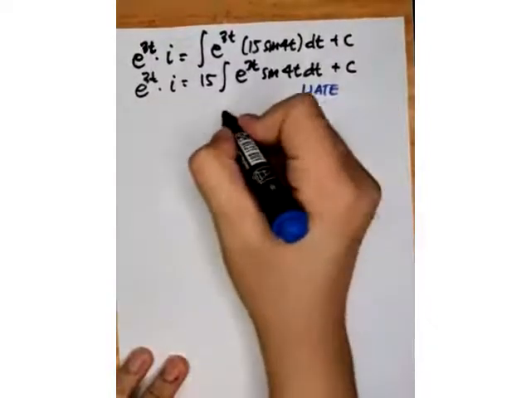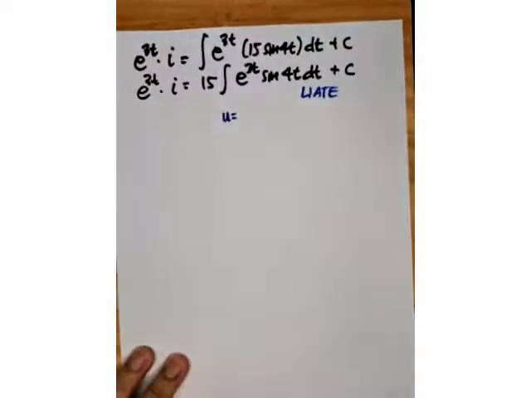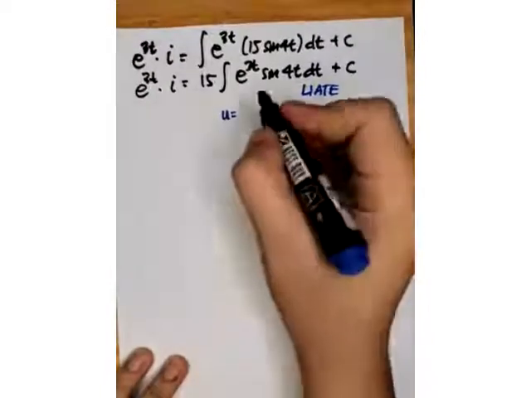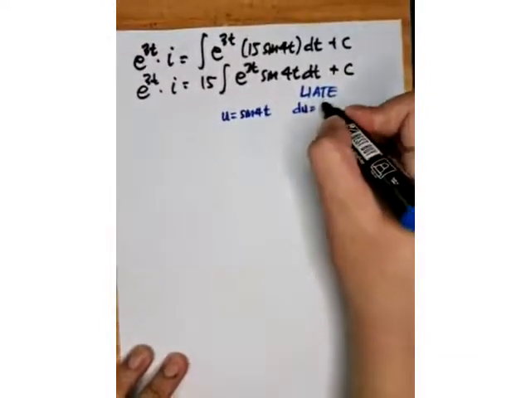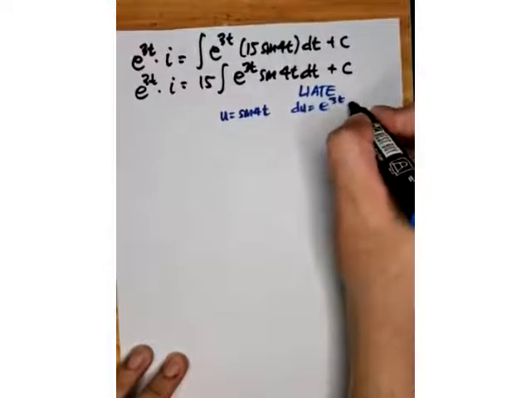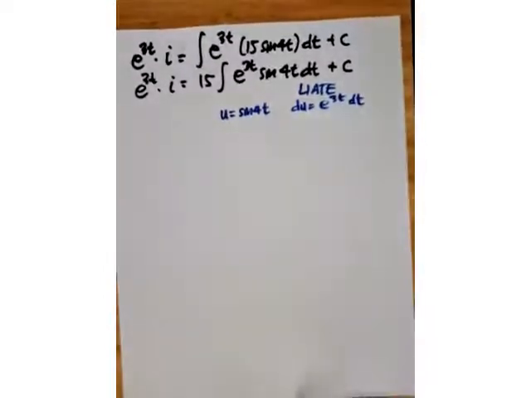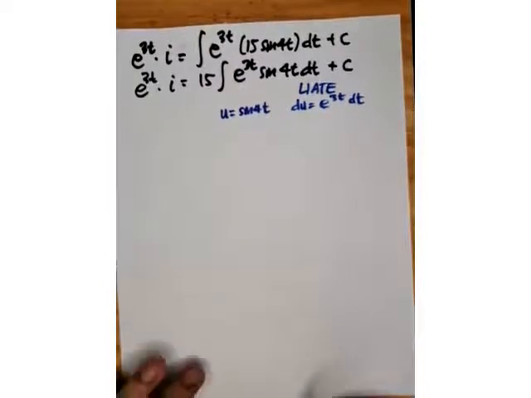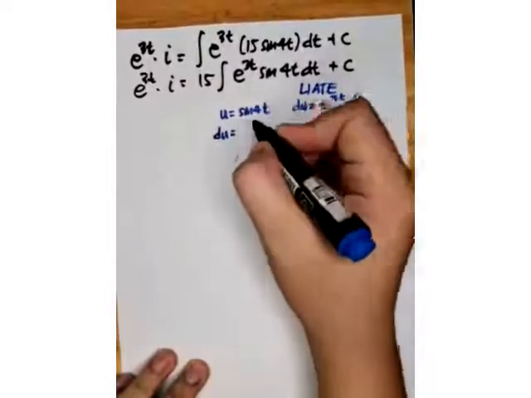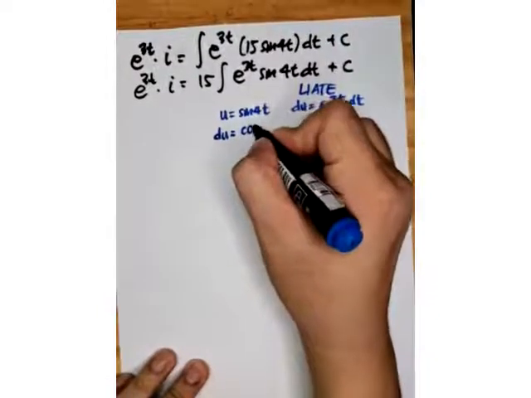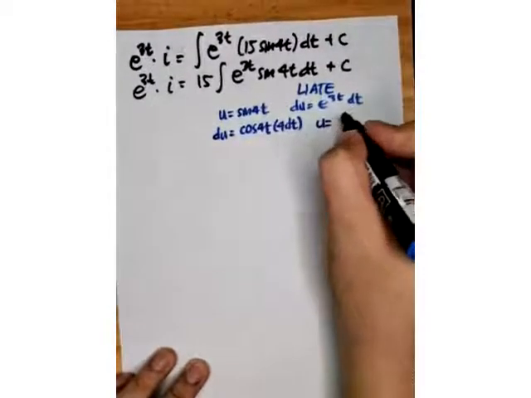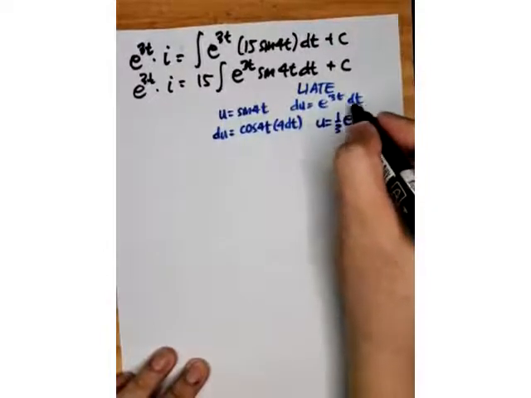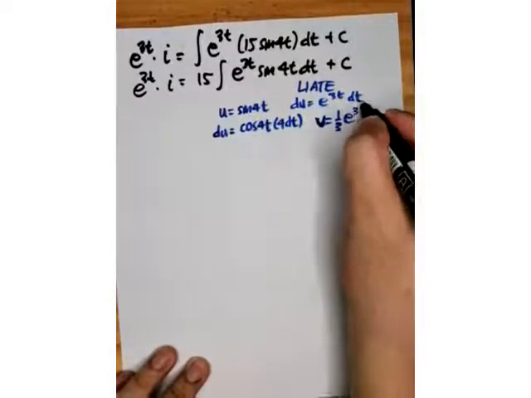Ang u will be yung trigo. So yung sine 40. Ang dv is e raised to 3t dt. We're using by parts. Ang du natin ay equal siya sa cosine 40 times 4 dt. At ang v natin is 1/3 e raised to 3t.